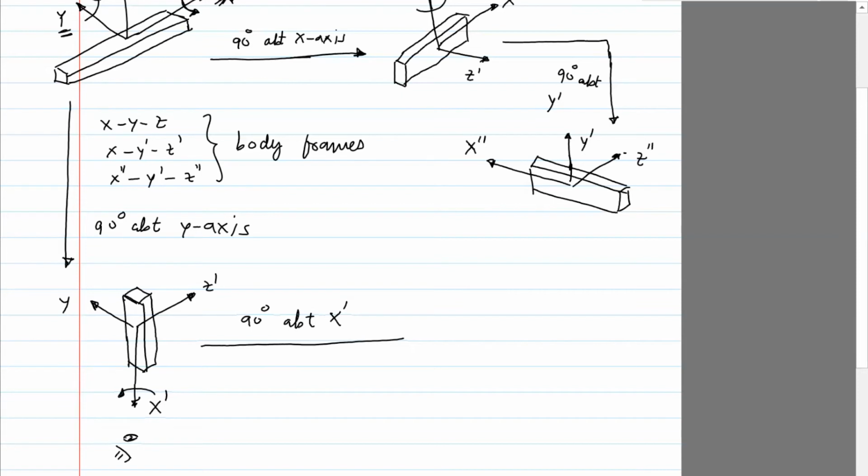And so if you turn it along the x prime axis, then you see that this object would be oriented this way, where x will remain unchanged, it's x prime, and then y would have gone that way. So 90 degrees to this y, and then z would go this way.